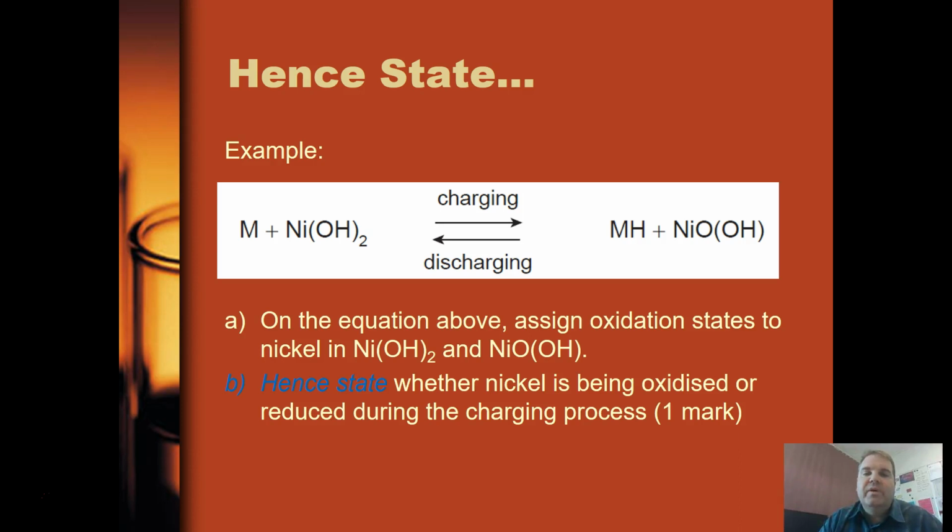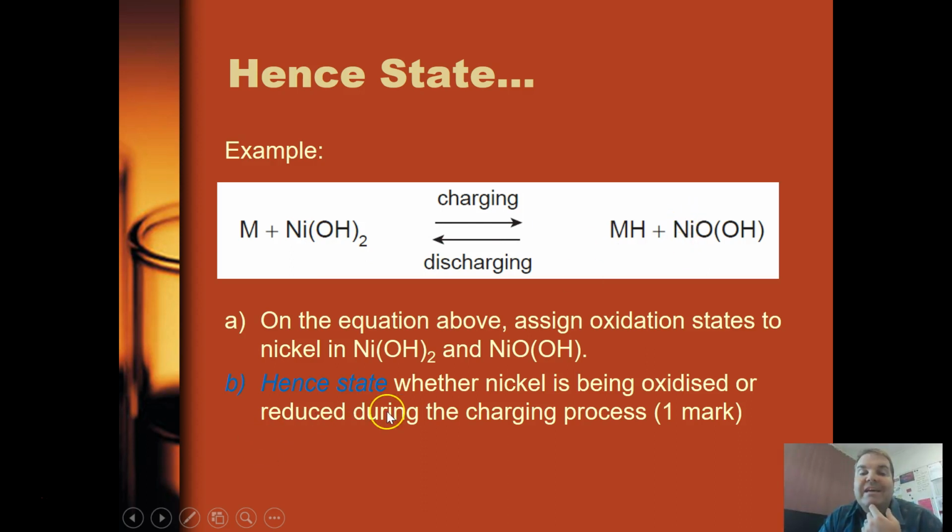Hence state. So this is where you're using part of the question or the answer you've done before. So here we've got an example of a battery. All right, we've got a general metal here with nickel hydroxide. We've got the charging process and discharging process. On the equation above, assign oxidation states to nickel. All right, so up here the nickel has a 2+ oxidation state. Up here it's got a 3+ oxidation state.